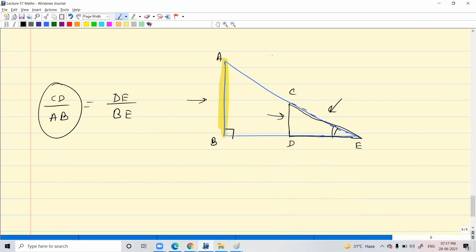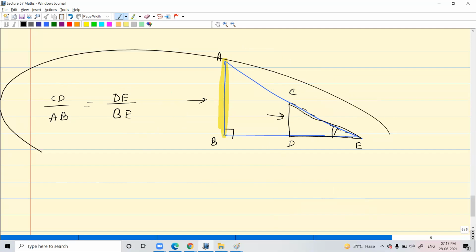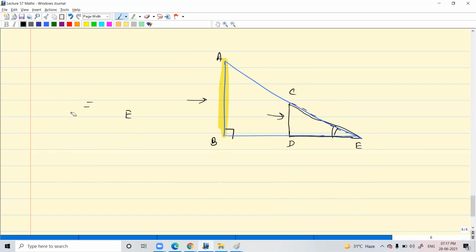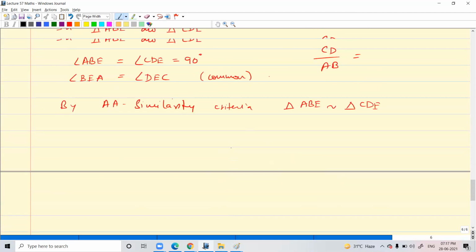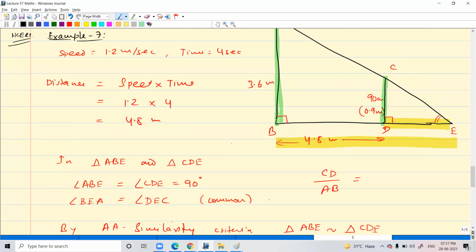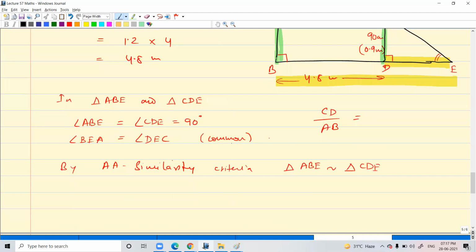The same way, the CE by AE. Can I delete it? Understood this? Yes, sir. Fine. So get back to the question now. CD by AB will be equal to, let me write it directly.